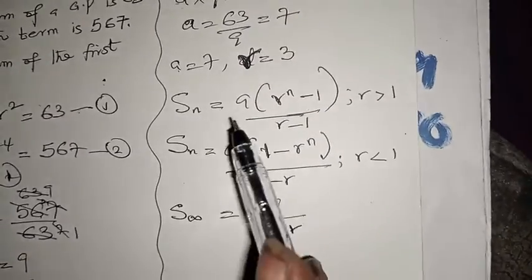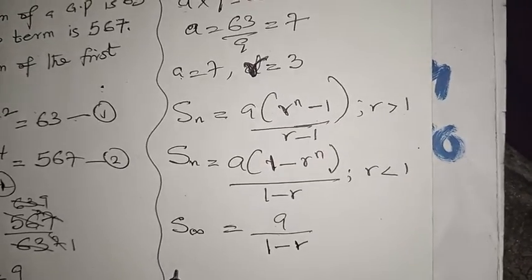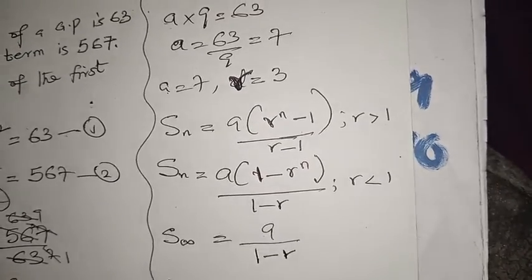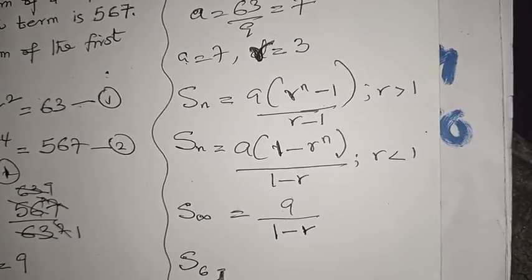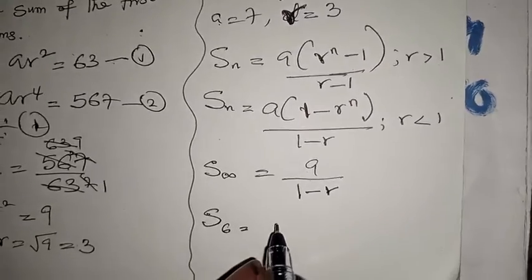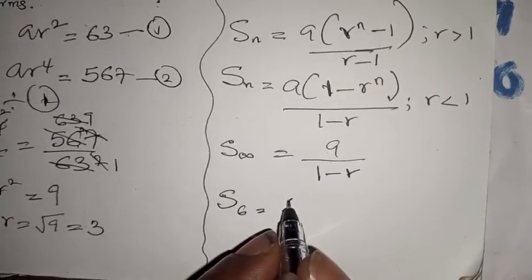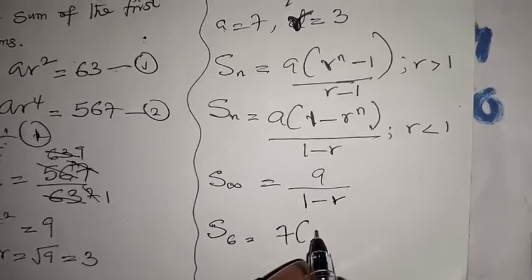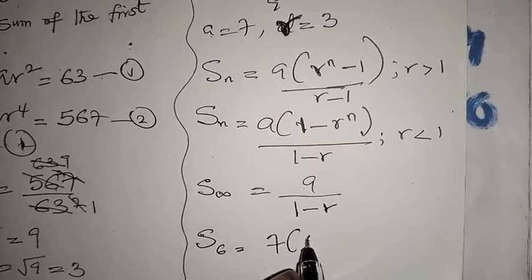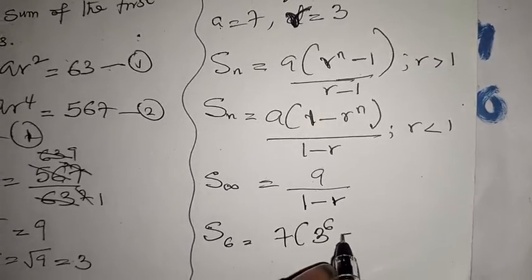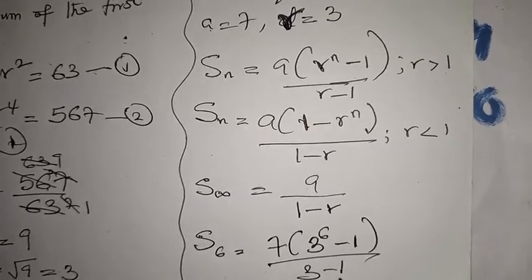Now, since our R is 3, which is greater than 1, the question says find the sum of the first six terms. Our n is 6. S6 will be equal to A, which is 7, times, what is our R? Our R is 3. 3 raised power 6 minus 1 over 3 minus 1.